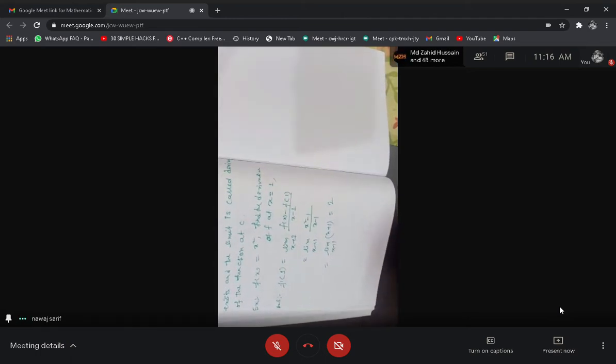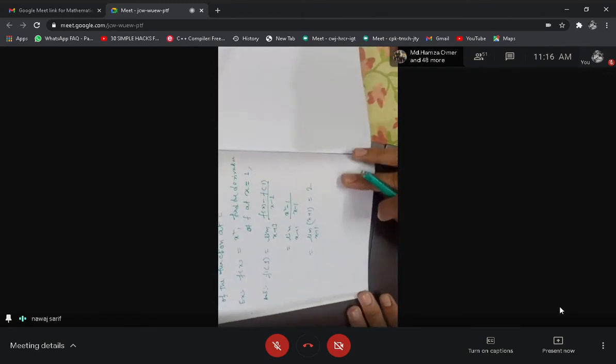Okay, so there are two kinds of derivative, left hand derivative and right hand derivative.